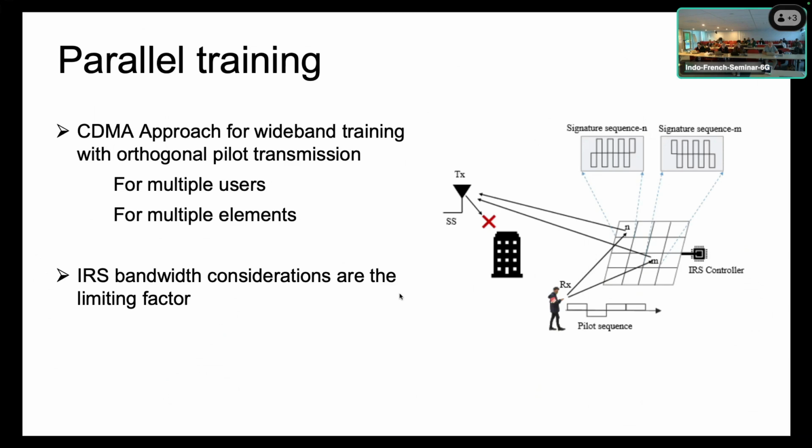If they are orthogonal, we can separate the signals and do the training. But if we train using the CDMA approach and serve with either FDMA or TDMA, it would be wideband training and narrowband serving. How will the system behave? That is again an open question.